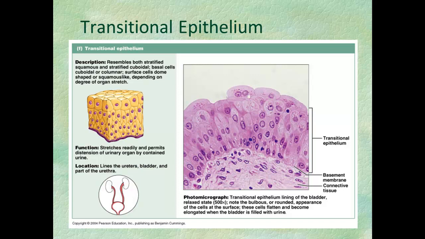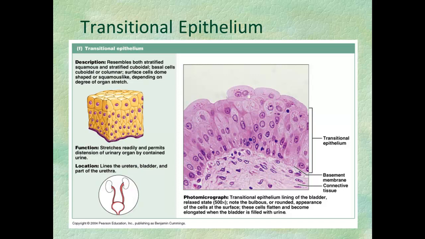These are structures that have to stretch as urine is produced, particularly in the bladder. As urine builds up, the bladder is going to stretch, and as a result, the inside lining of that organ has to stretch along with it. Transitional epithelium has the ability to change its shape as the bladder stretches.